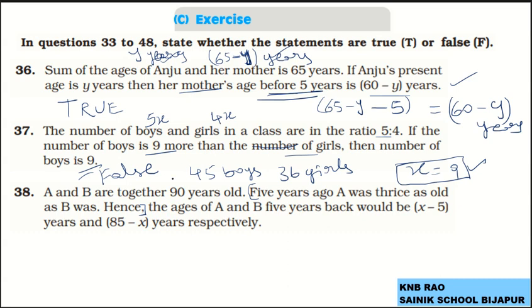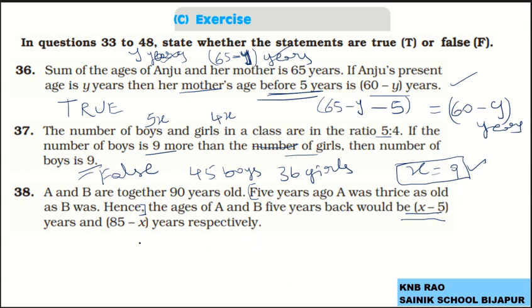A and B are together 90 years old. The ages of A and B 5 years back would be x minus 5 and 85 minus x.